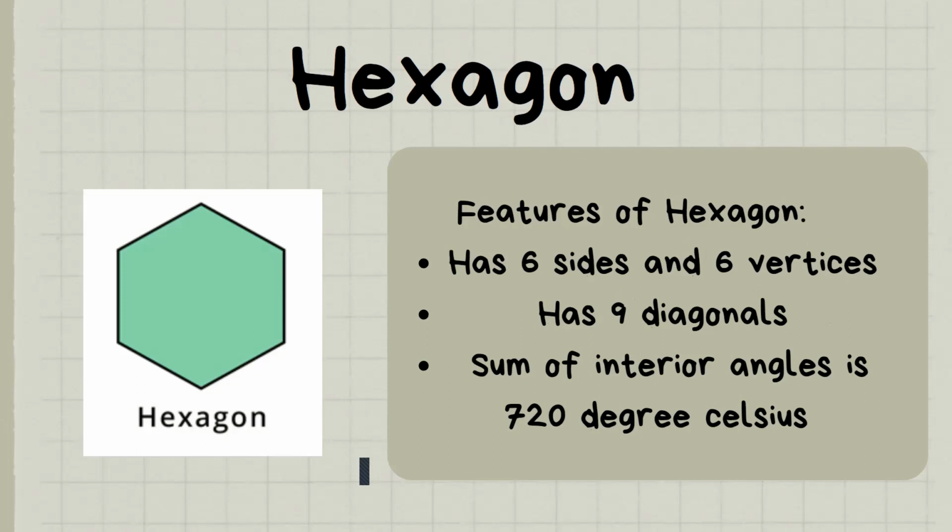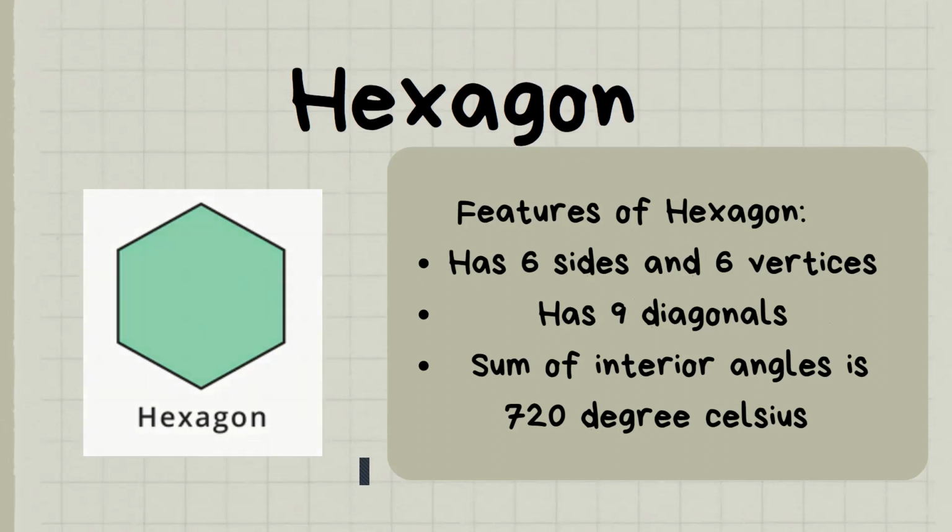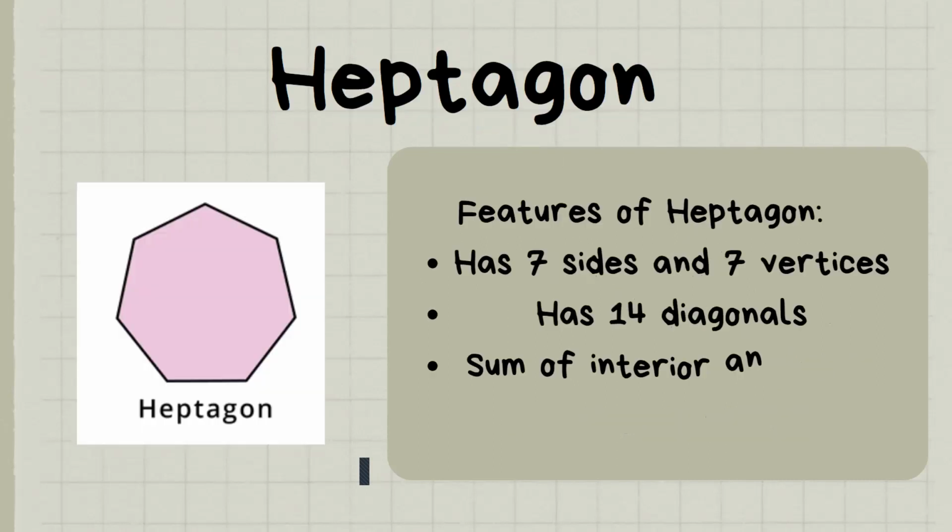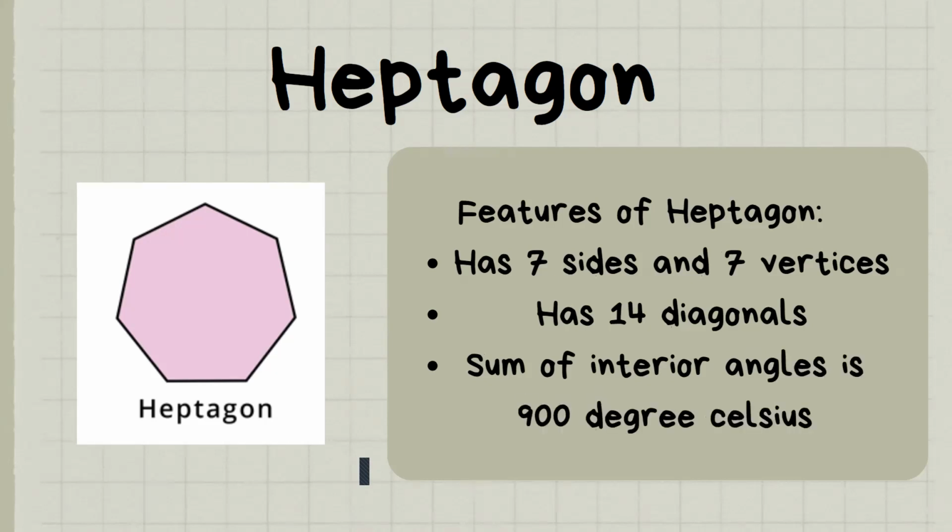It has 9 diagonals, and the sum of interior angles is 720 degrees. Heptagon. A heptagon has 7 sides and 7 vertices. It has 14 diagonals, and the sum of interior angles is 900 degrees.